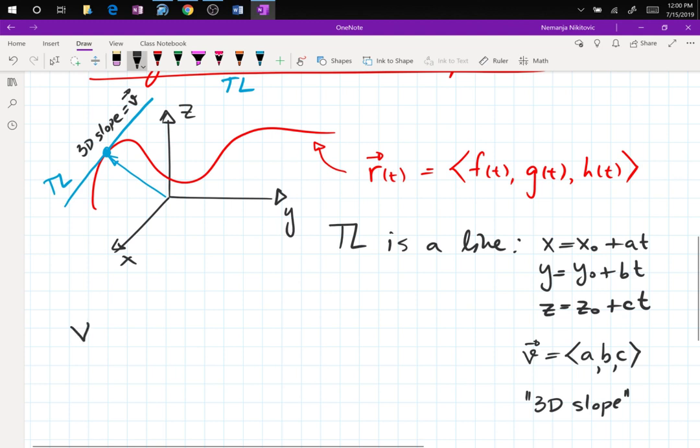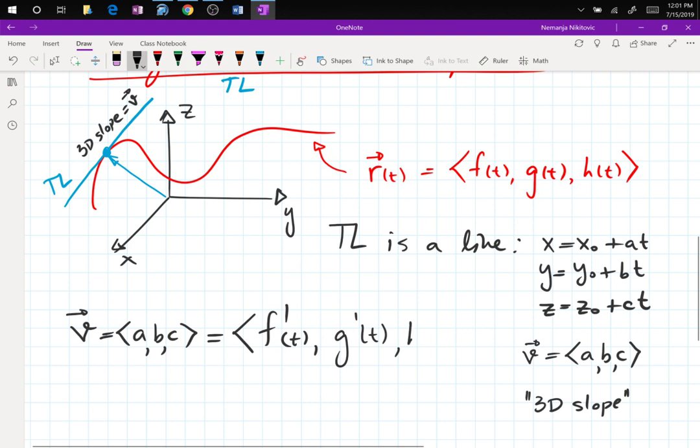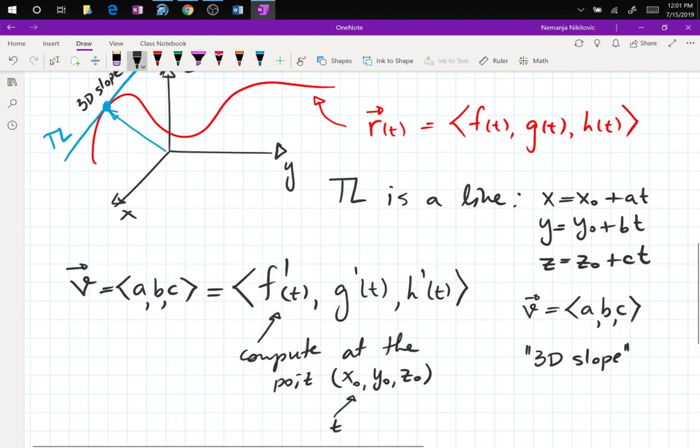So vector v, which is the ABC, will be f prime of t, g prime of t, and h prime of t. These are basic derivatives. Compute at the point x0, y0, z0, which comes from t equal to some value.